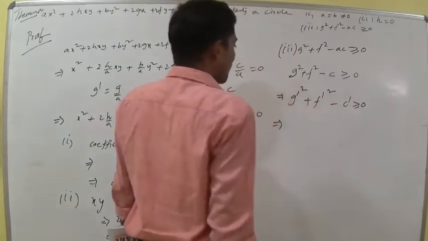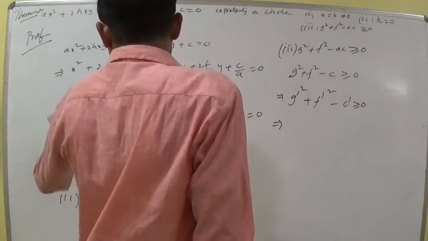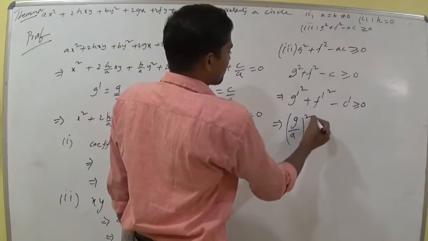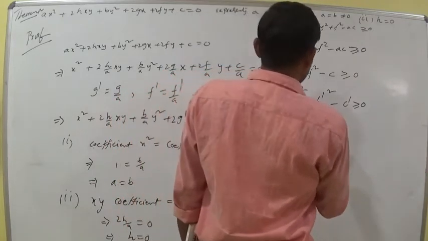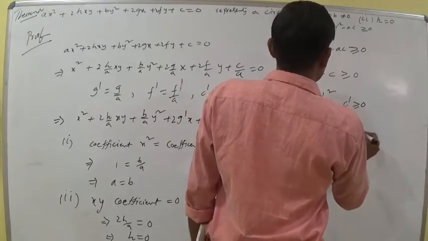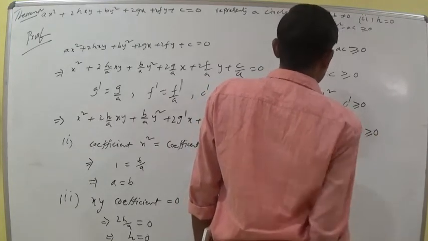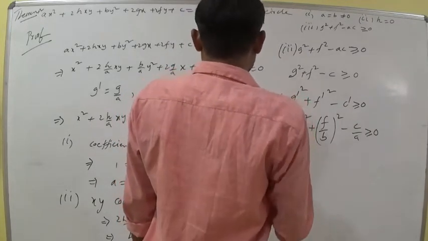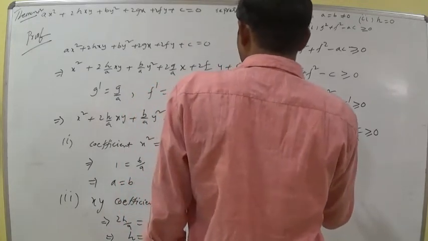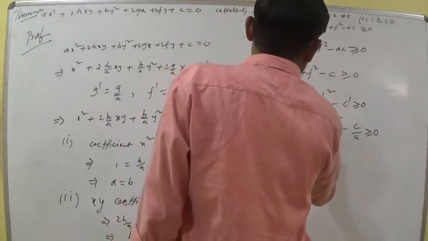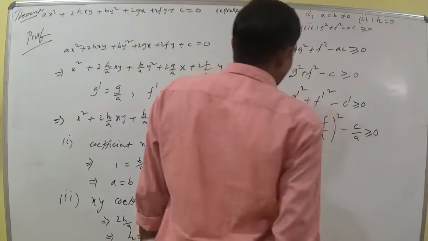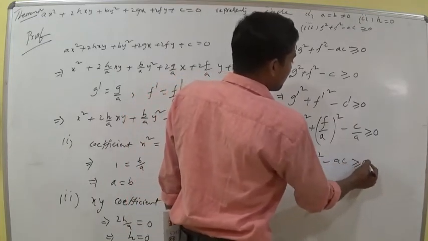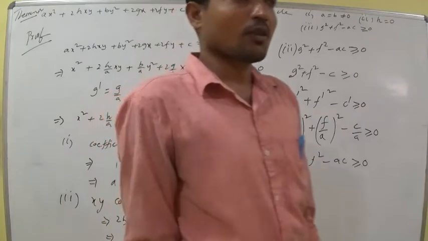That implies, with g' = g/a, (g/a)² + (f/a)² - c/a ≥ 0. That is f/a, not f/b. So g² + f² - ac ≥ 0. Hence it's proved. So once again, listen.